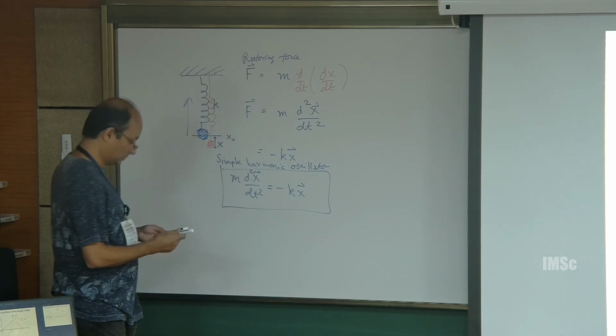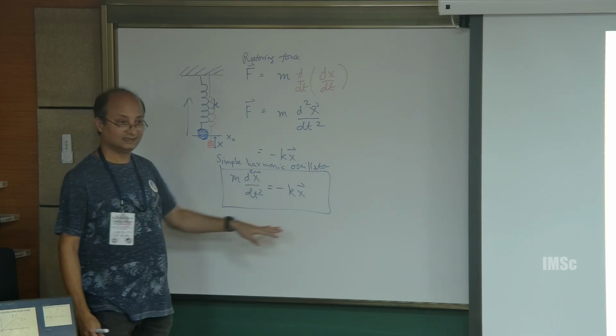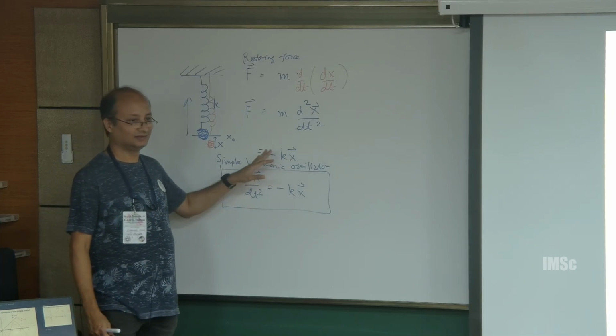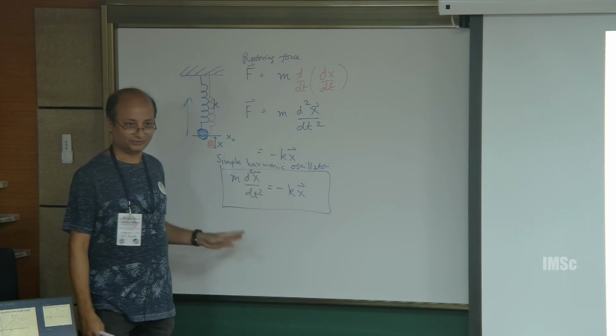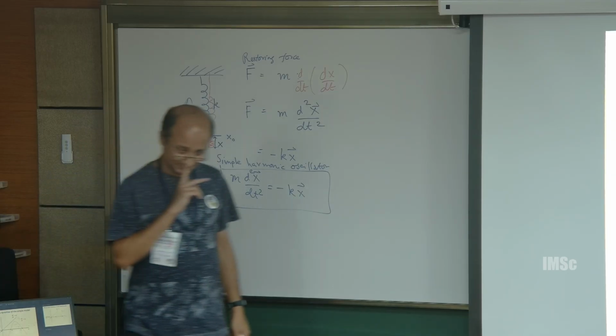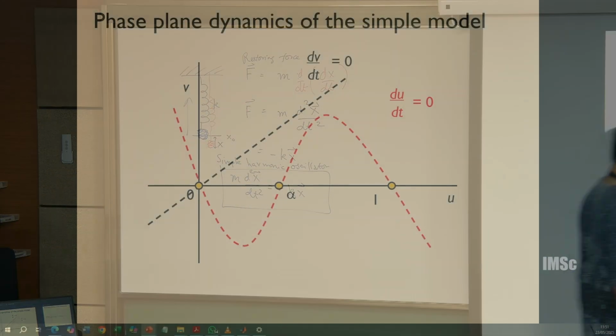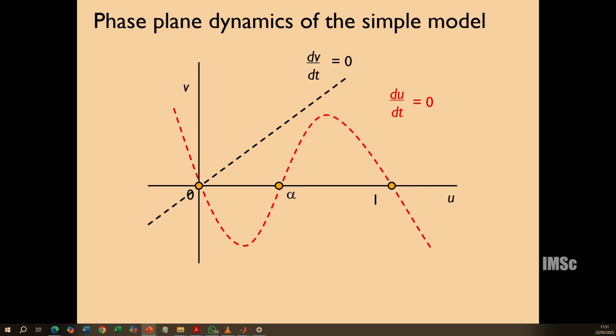Now, this is how you normally see it in your +2 textbook, or if you're preparing for JEE. In a dynamical systems perspective, we always reduce everything to first order differential equations. The reason being, we are interested in the phase space, and the dimension of the phase space is given by how many equations you have, which are all first order.